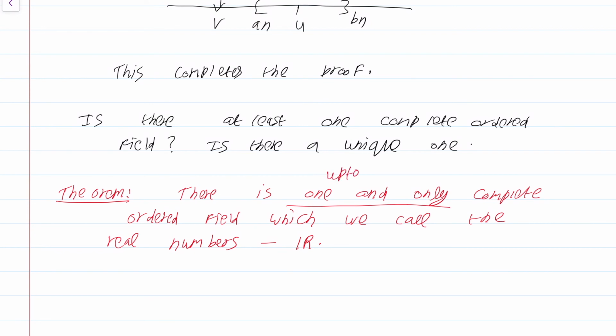I will not make precise what isomorphism is. If you have taken a course on linear algebra or abstract algebra, probably it is clear to you what this isomorphism means. So there is essentially only one complete ordered field, which we are going to call the real numbers.